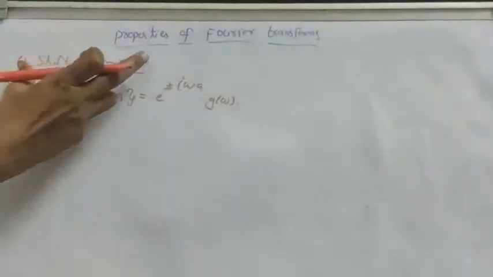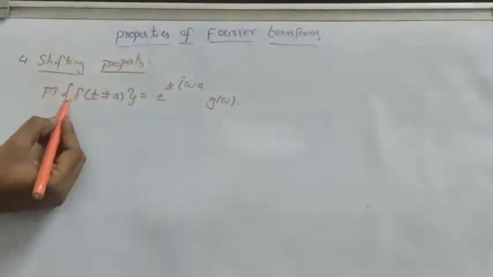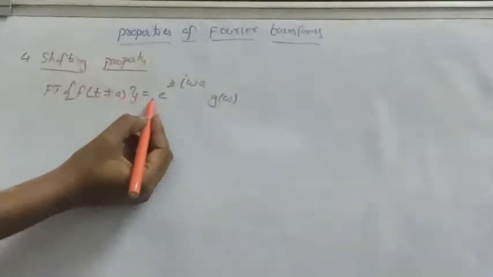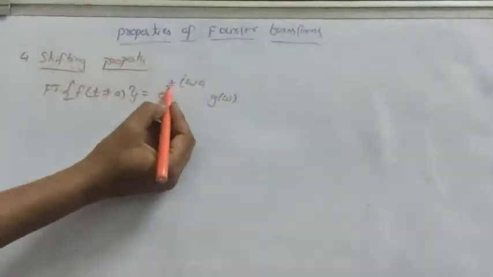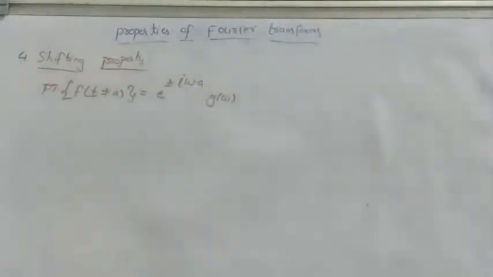Okay, in shifting property, what we have to prove? Fourier transform of f of t plus or minus a is equal to e power plus or minus i omega a into g of omega.